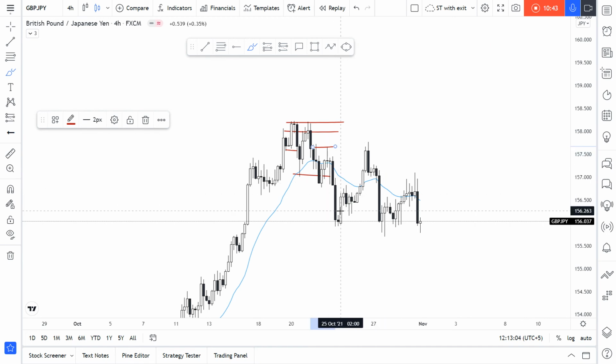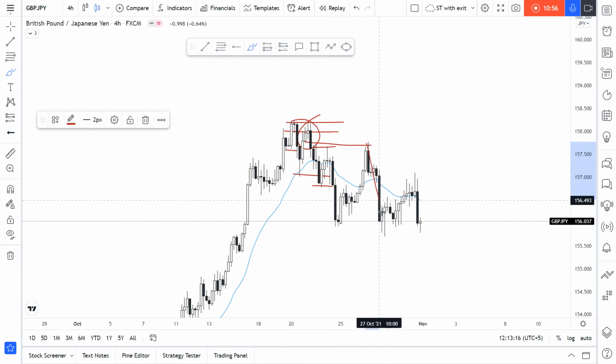The price broke down here and came back and mitigated. I guess here it mitigated this order block over here, and then we got this one, like the price went down, failed to break, went up, failed to break.